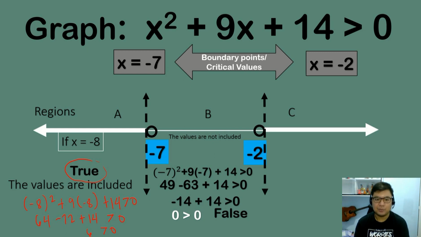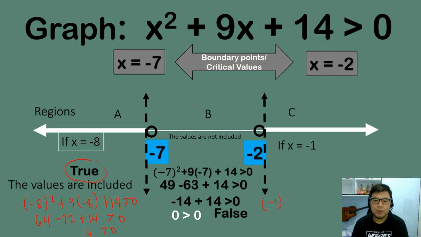So if x is equal to negative 8, then the values are included. Negative 8 is included. And obviously, all the numbers that are less than negative 8 are also included. Negative 8, negative 9, negative 10, negative 11, and so on and so forth. How about in this side of the equation? If x is equal to negative 1, so let's try negative 1, substitute.